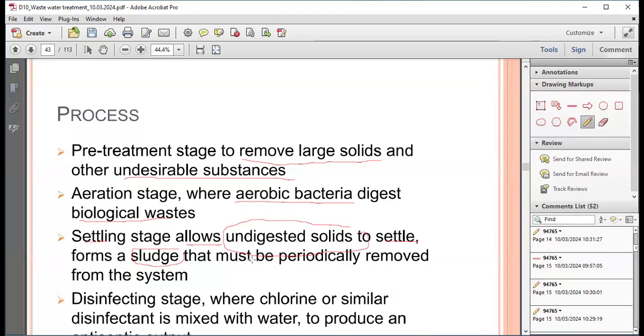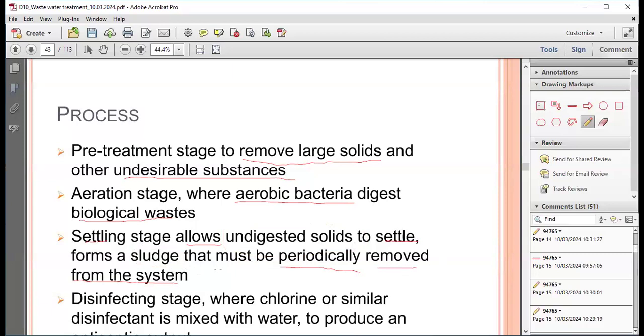The settling stage allows undigested solids to settle, forms a sludge that must be periodically removed from the system. So this one is important, right? Periodically removed from the system.